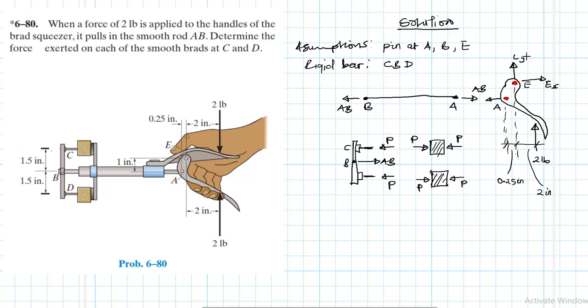All right, this one is EY. Okay, what else? I think this is about it. And then here, this distance here is 1.5 inch, this is 1.5 inch, and this is 1.5 inch. Okay, so this is how I would disassemble this particular structure.